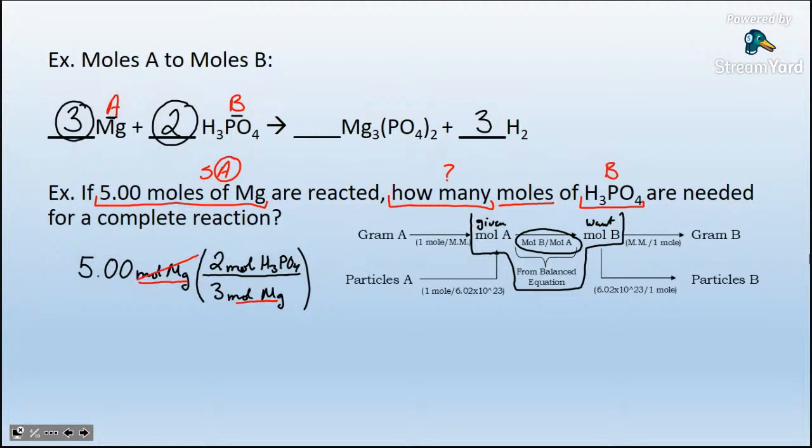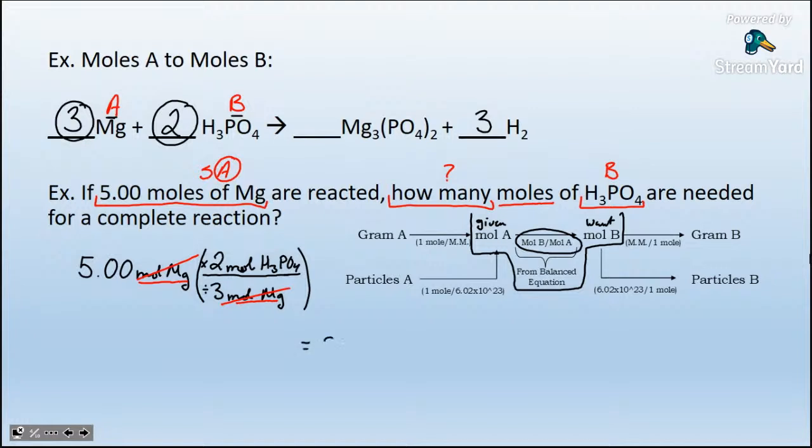That way, moles of magnesium as units will cancel out, leaving me with moles of H3PO4, which is in my numerator. Now, all I have to do, like always with the conversion factor, is multiply by what is in the numerator, divide by the denominator. So 5 times 2, and then divide that by 3.